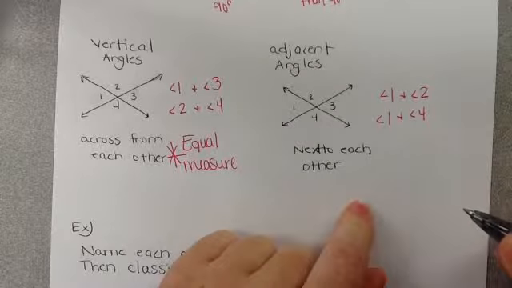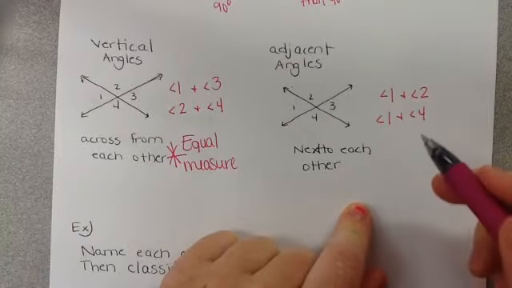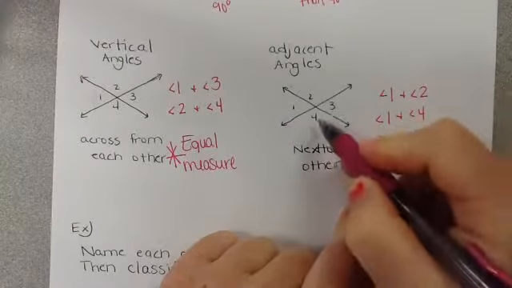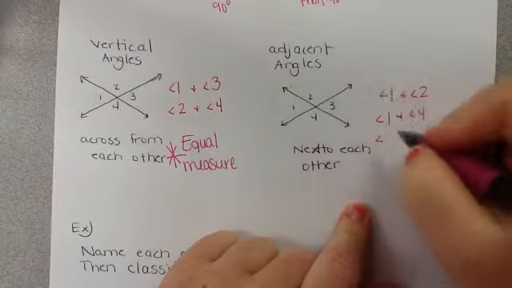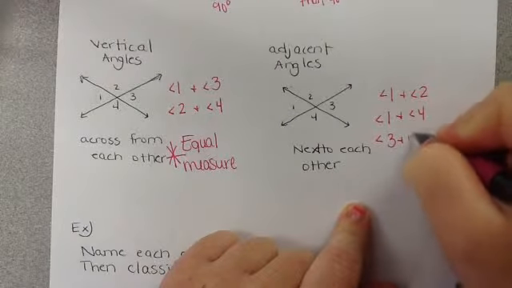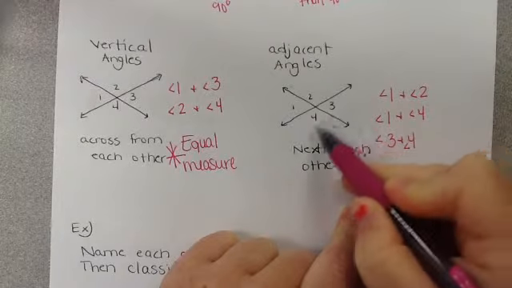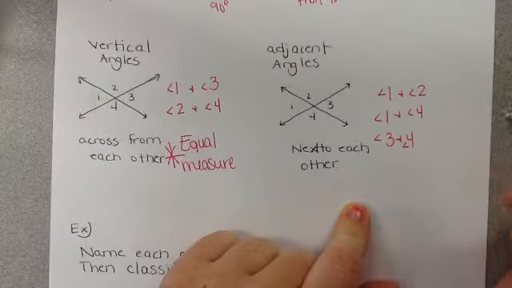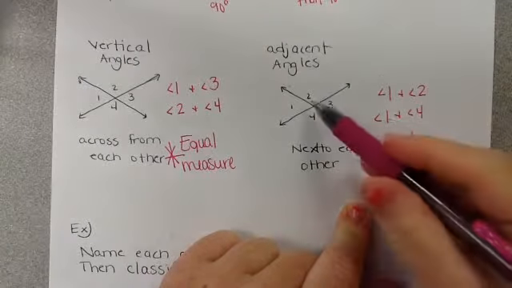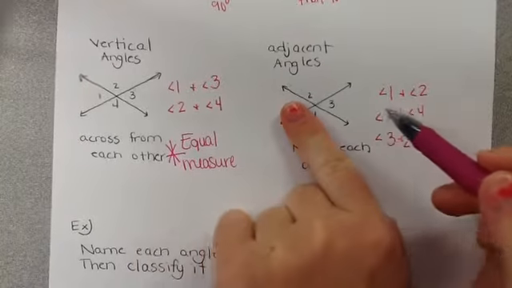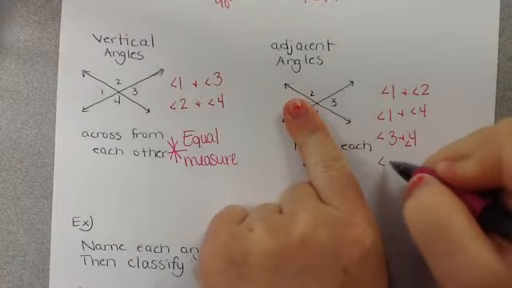Can you name another pair? Angle 3 and angle 4 share a side. And there's another one in here. Angle 2 and angle 3 share a side.